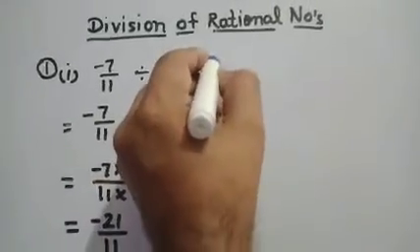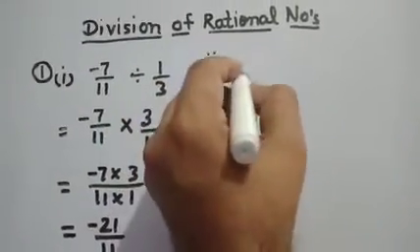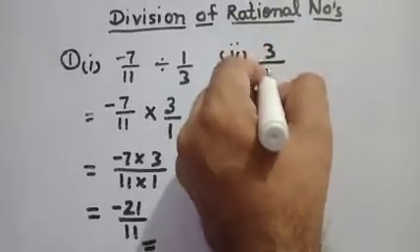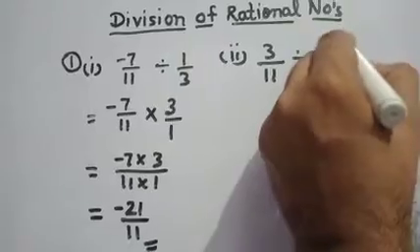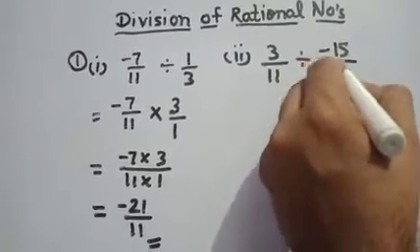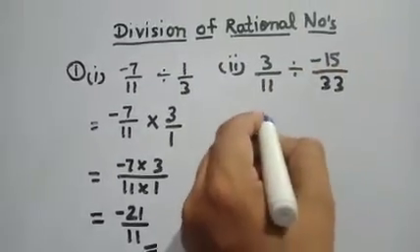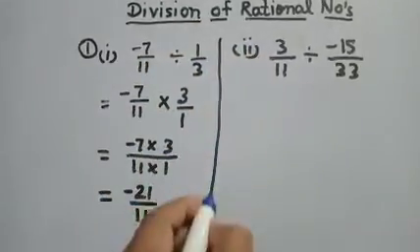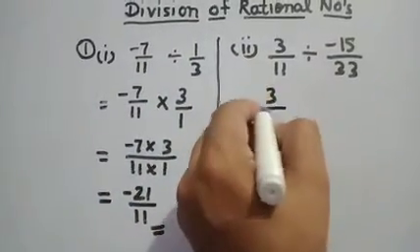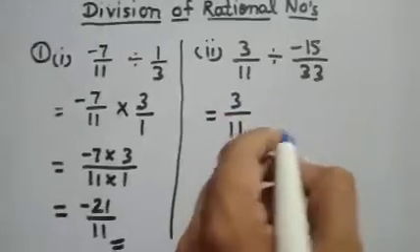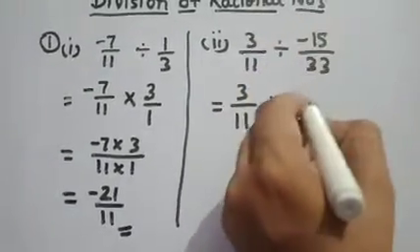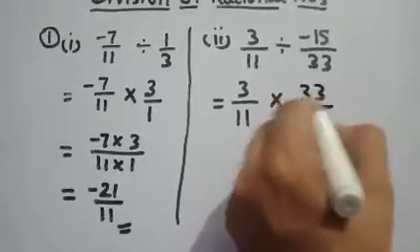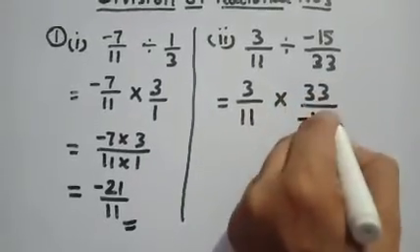The second part is 3 upon 11 is divided by minus 15 upon 33. So this will remain the same, 3 by 11. Division will convert into multiplication and the reciprocal of the divisor, that is 33 upon minus 15.